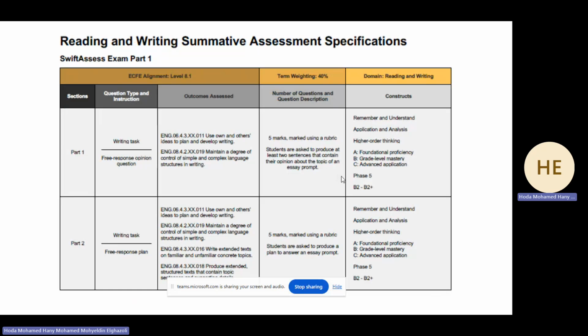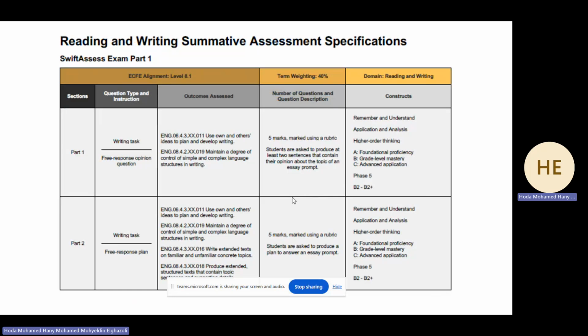And those are 5 marks. Okay, so you should write at least 2 sentences. Do not make it too short and do not make it too long. It's only an opinion about the topic that you're going to write about. Just write a comprehensive response and you should be getting the full mark, inshallah.